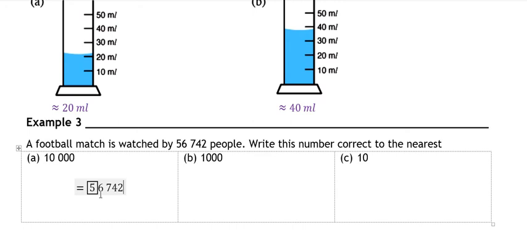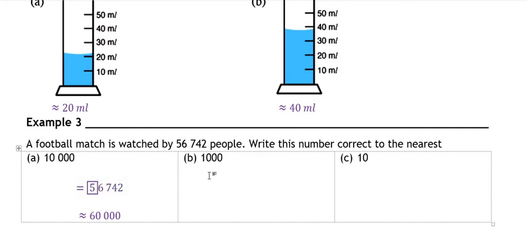So when the number is 5 or above, you have to add 1 to the number 5. So the first digit is no longer 5, it's going to be 6. But when you look here, it is to the nearest 10,000. So 6 is 60,000 to the nearest 10,000, right? So 60,000 is the answer. So that's the working for the first one, right?